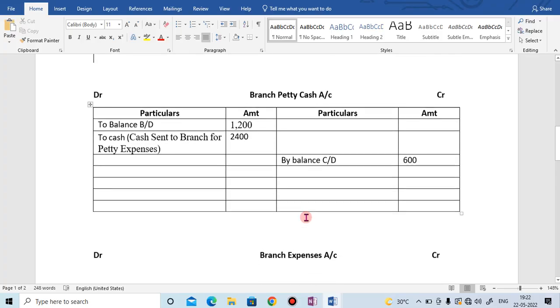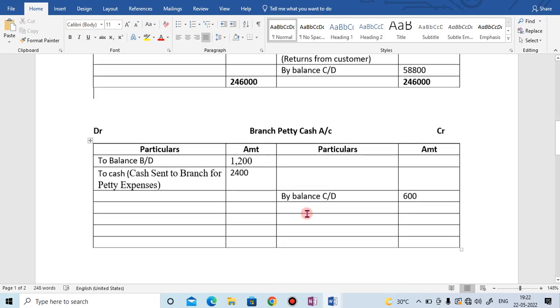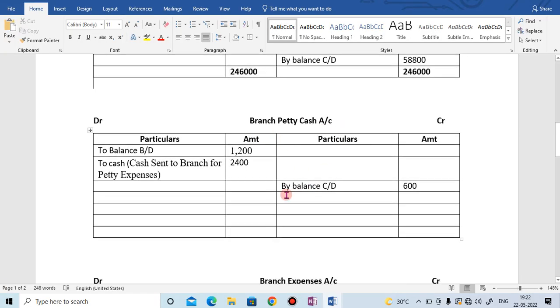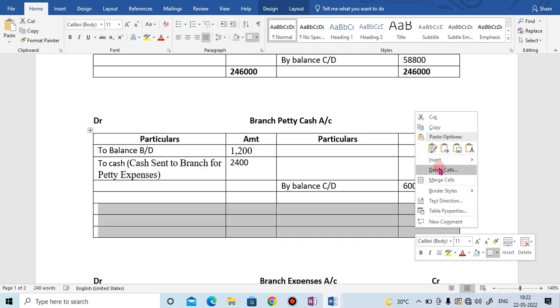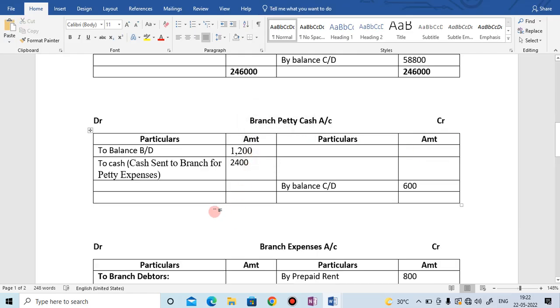Now next, close the branch petty cash account. Here the debit side is more, 1,200 plus 2,400 is 3,600. Now the difference is 3,000.